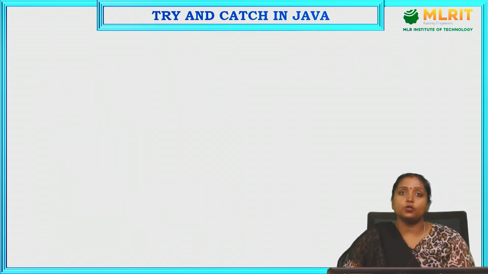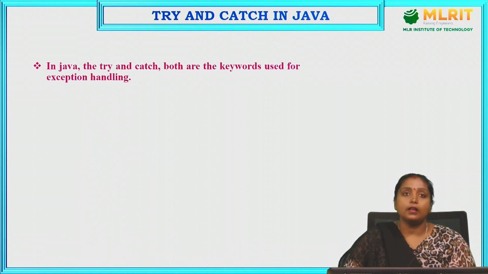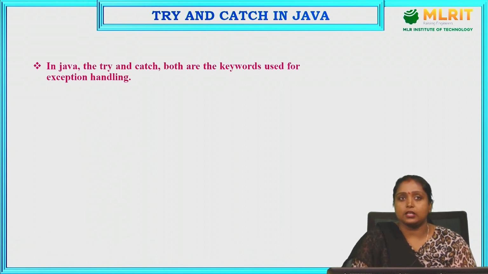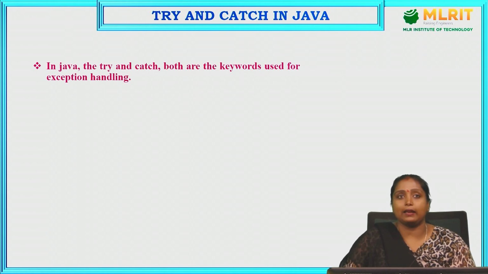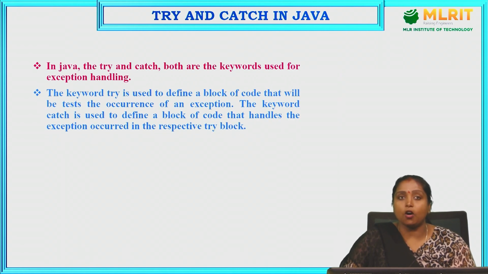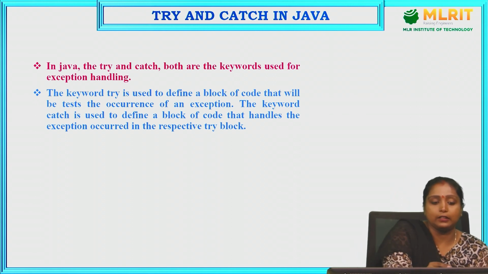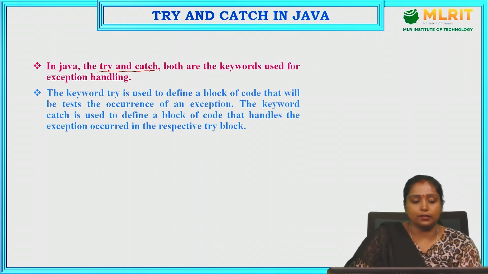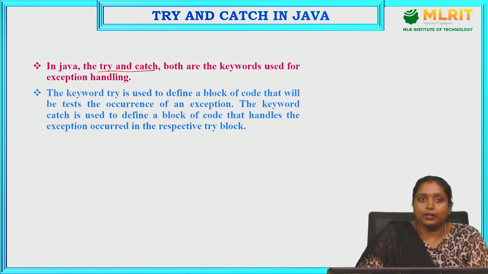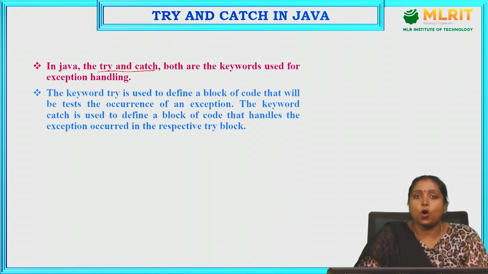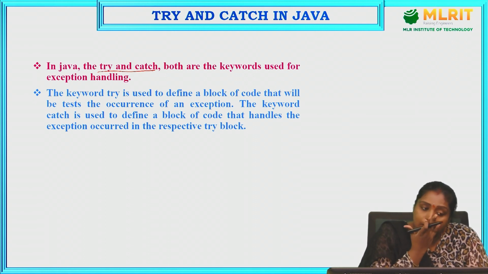So coming to try and catch in Java. Try and catch, both are keywords used in exception handling. These are the 2 main keywords the programmer uses to handle exceptions. The try keyword is used to define a block of code that will be tested for the occurrence of exceptions.